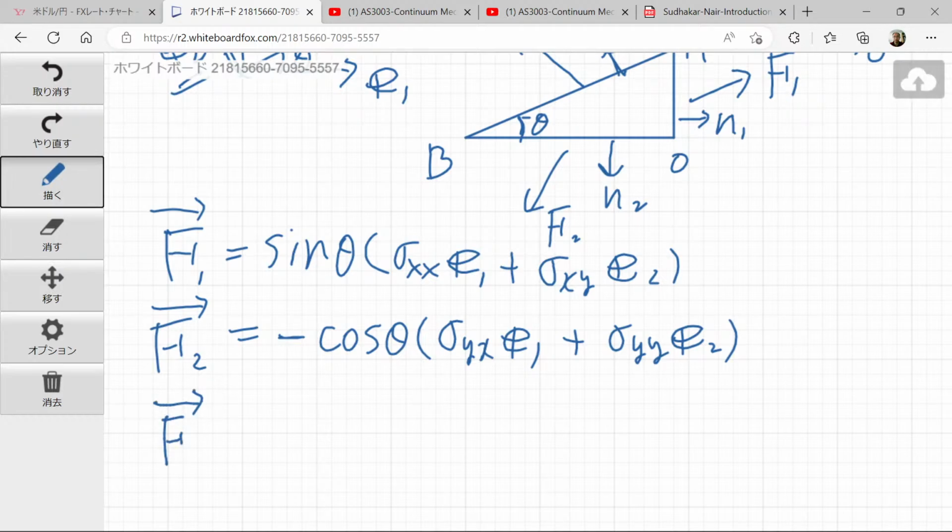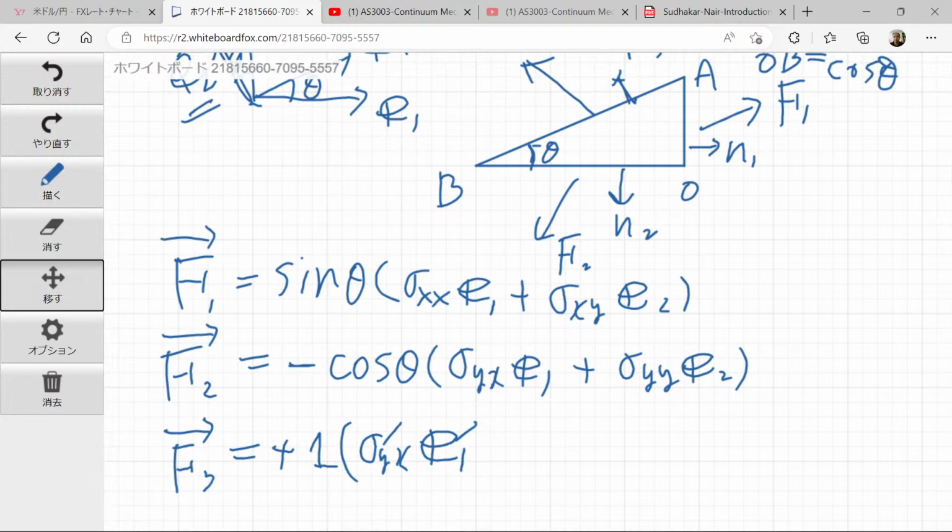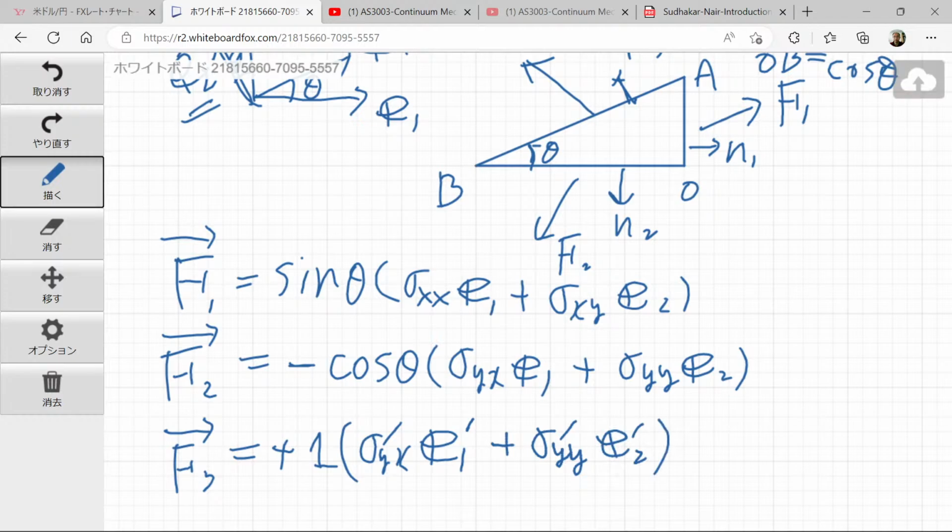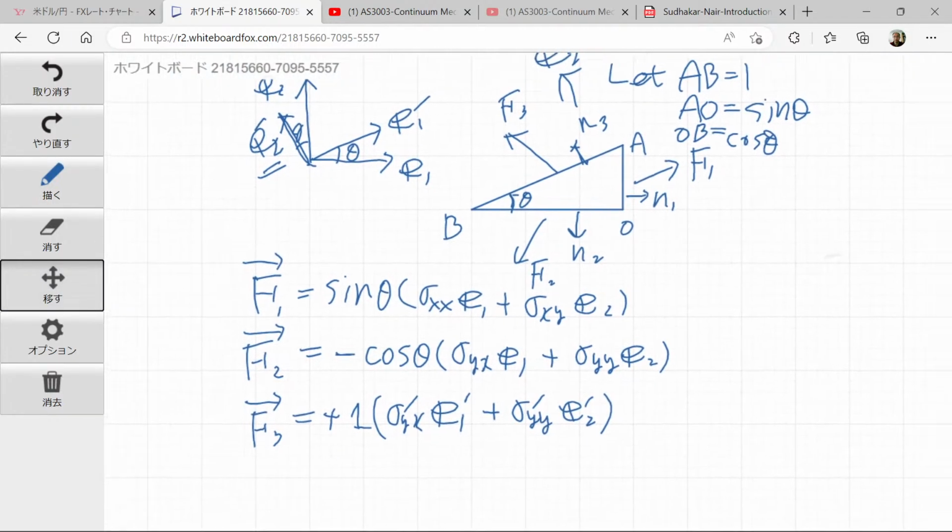So F3 goes like this. First of all, the length is 1. Use a primed tensor: sigma yx prime e1 prime plus sigma yy prime e2 prime, right?